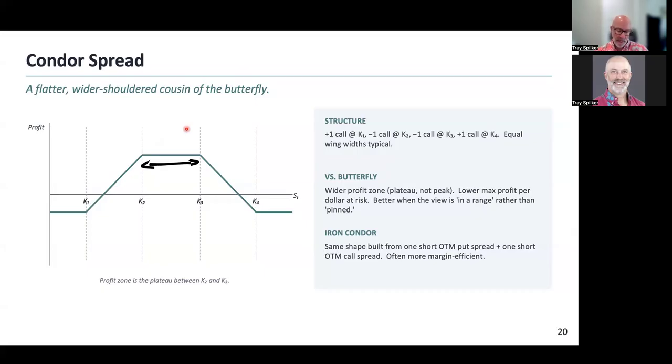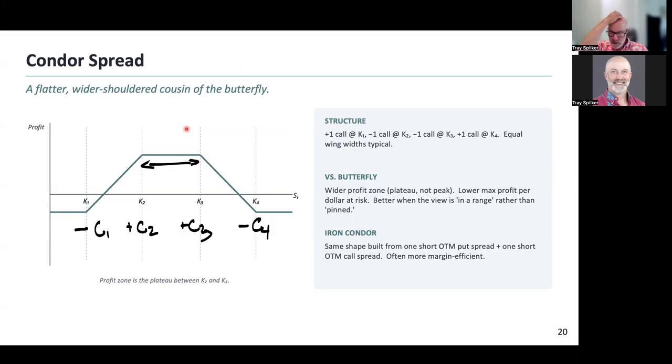We buy a call at K1, so that means we have to pay C1. We short a call at K2, so we receive C2. We short a call at K3, right? And then we buy a call at the highest strike price, K4. So these are the cash flows, the premium that we receive on these, right?